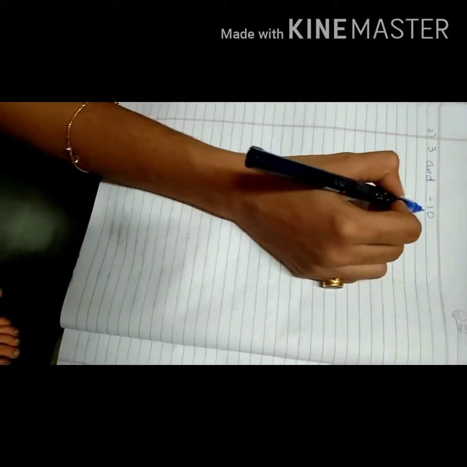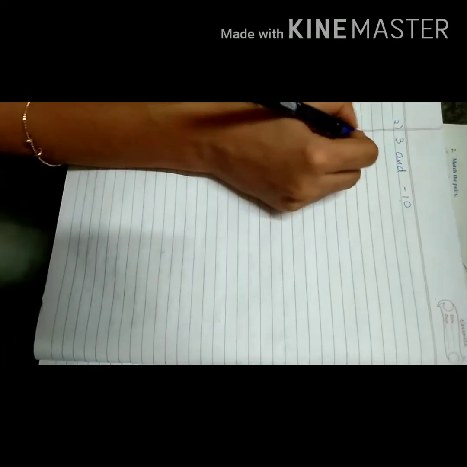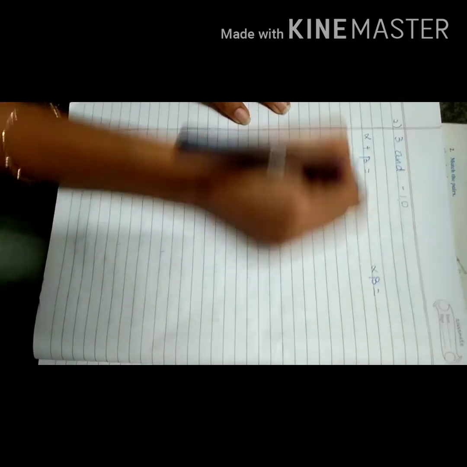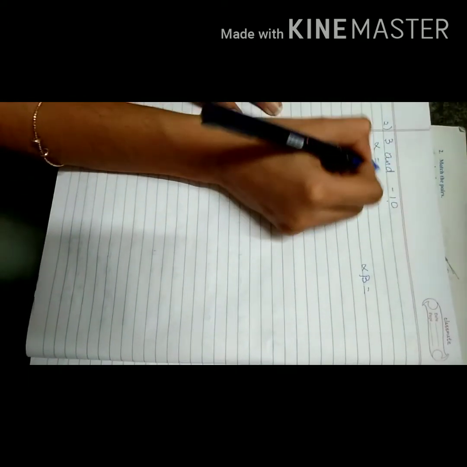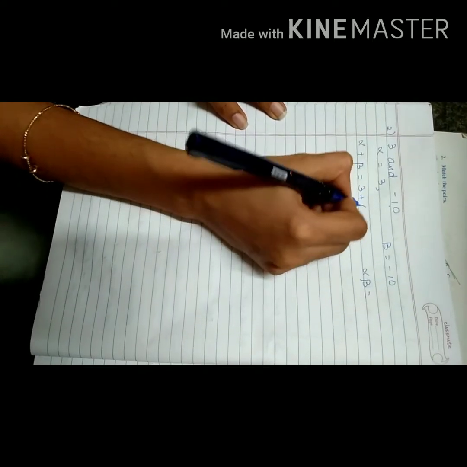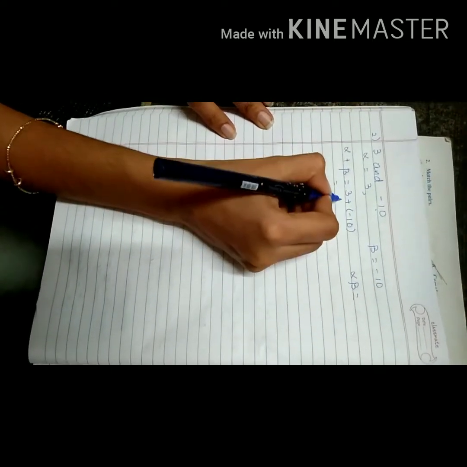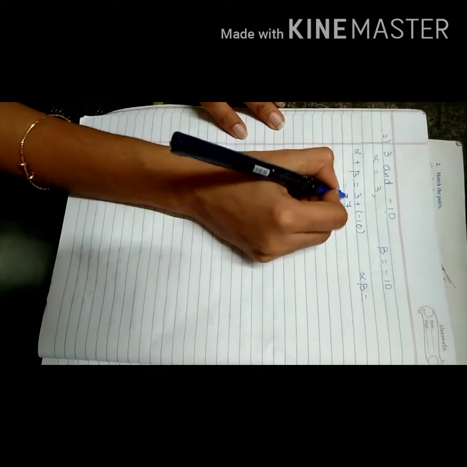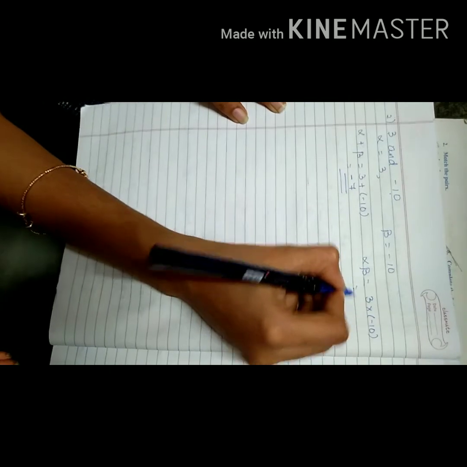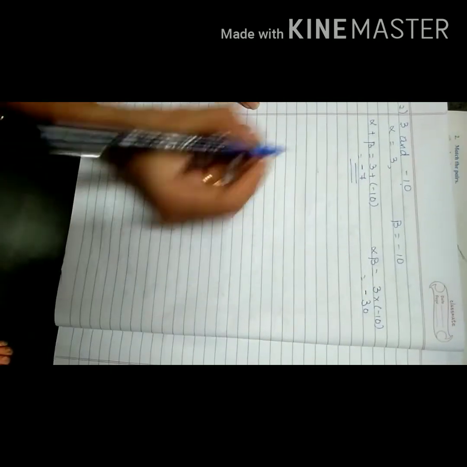Next, 3 and minus 10. Again value of alpha is 3 and value of beta is minus 10. First you will have to find alpha plus beta and next alpha into beta. Alpha plus beta, value of alpha is 3, value of beta is minus 10. 3 minus 10 which is equal to 7, greater number sign is minus, and 3 into minus 10, 3 tens are 30, sign minus.